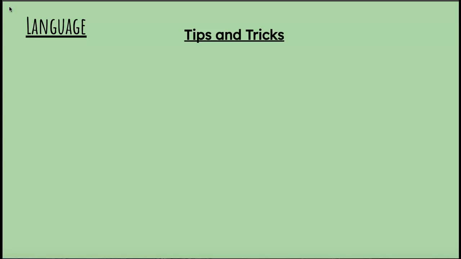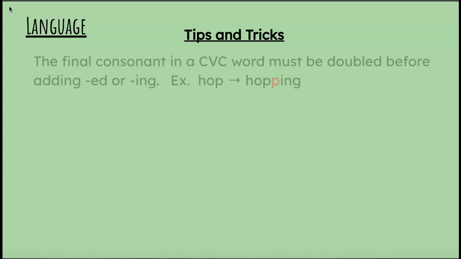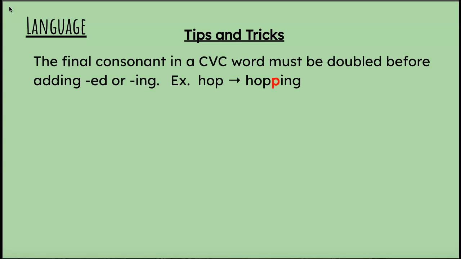Here are some tips and tricks to remember how you should be spelling the words with these suffixes. The final consonant in a CVC word must be doubled before adding ed or ing. Let's look at that. A consonant, boys and girls, is any letter in the alphabet that's not a vowel.